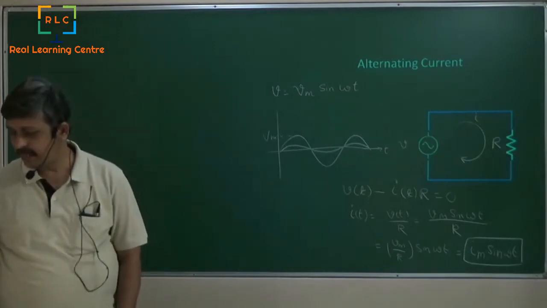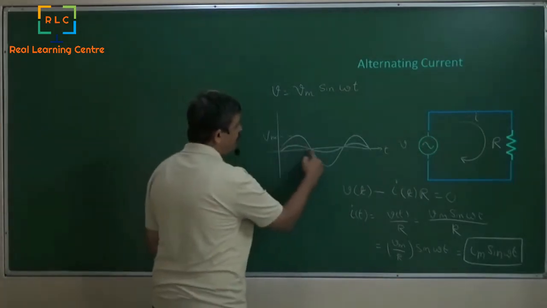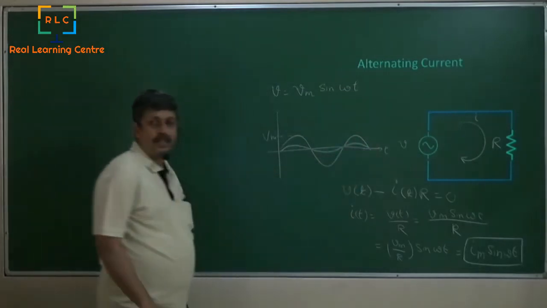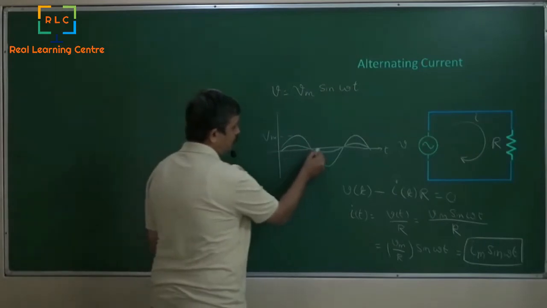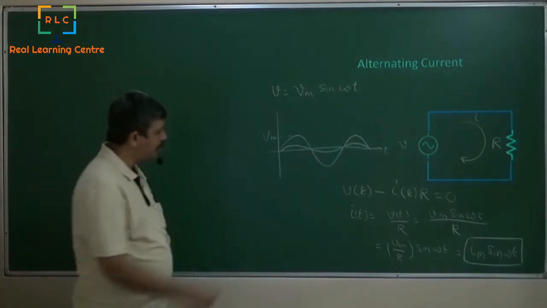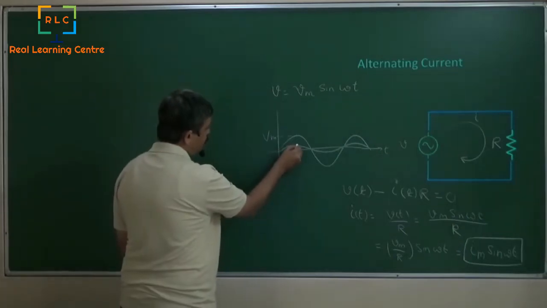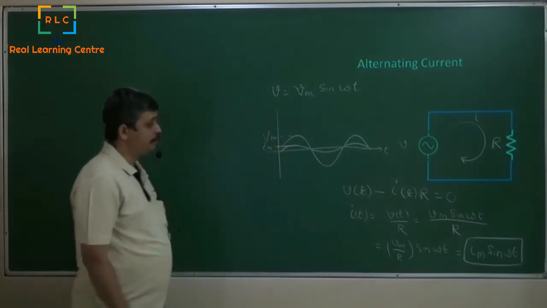What it means is that the value of i is also varying with the same periodicity, and when this is 0, this is also 0. The only thing is its peak is nothing but Im, which is Vm by R.